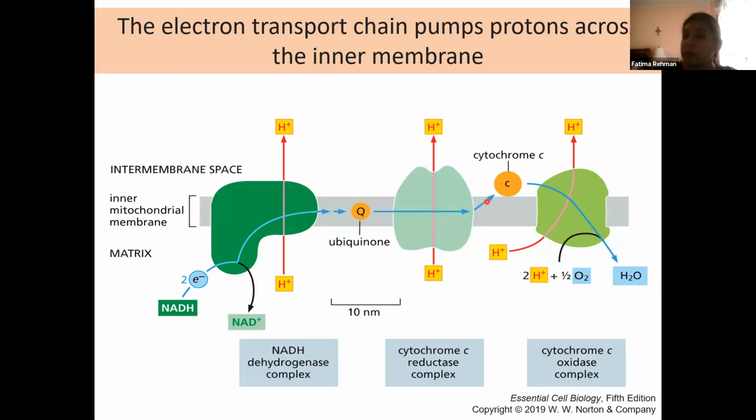Okay, so the cytochrome C is then what goes into the last, into the third of these 4 enzymes. And this one is the cytochrome C oxidase complex, which will utilize the cytochrome C. And it is going to utilize the 2 hydrogen ions, and it's going to utilize oxygen to convert it into water.